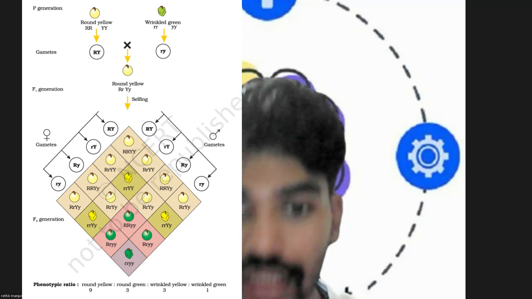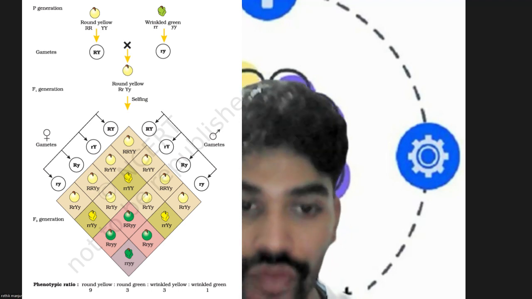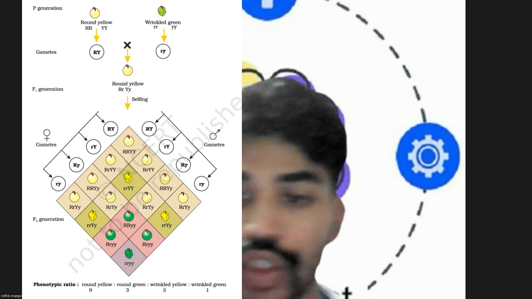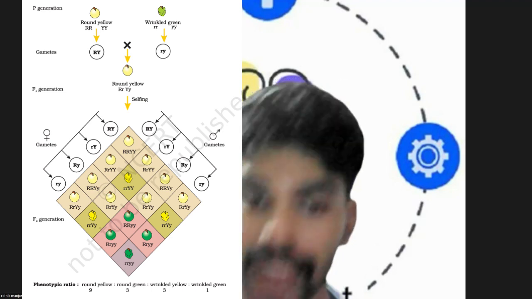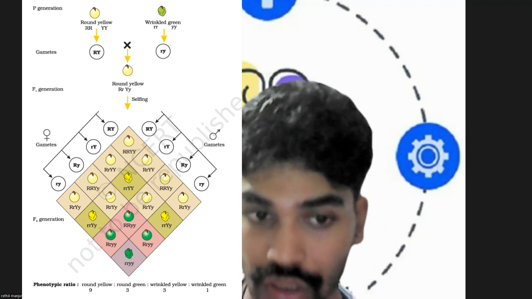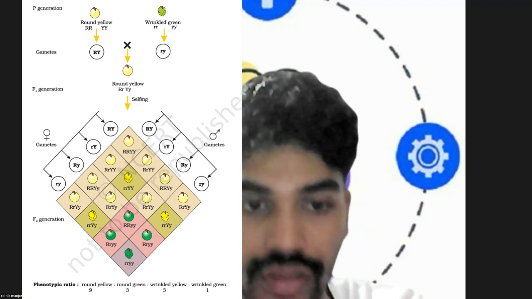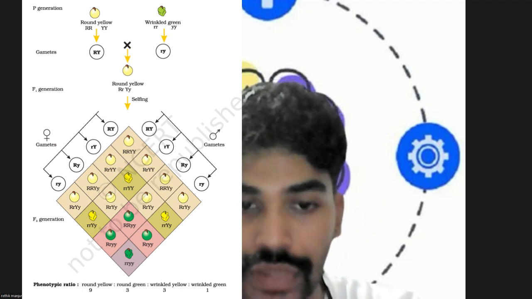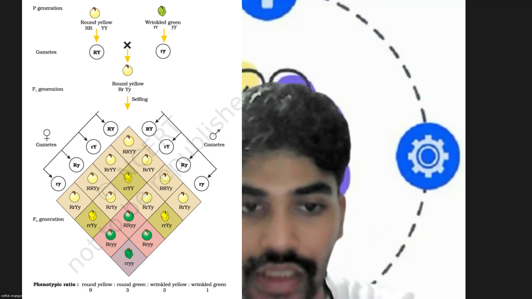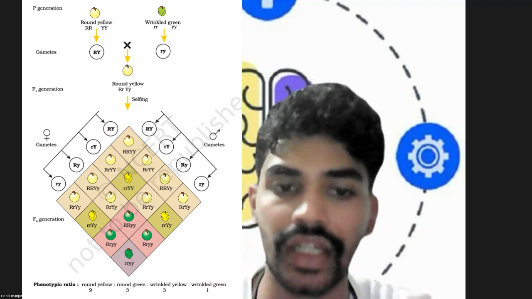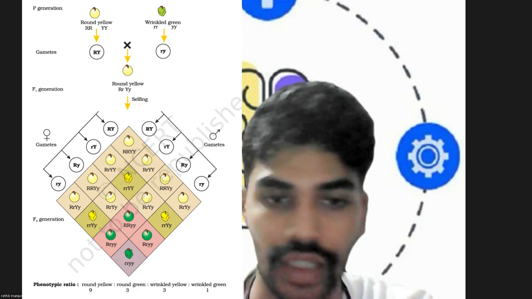In the dihybrid cross, the phenotypes round yellow, round green, wrinkled yellow and wrinkled green appeared in the ratio 9 is to 3 is to 3 is to 1. Such a ratio was observed for several pairs of characters that Mendel studied. So based on that observation, you can easily see the percentage here. Clear? So the ratio of the phenotype will be 9 is to 3 is to 3 is to 1.